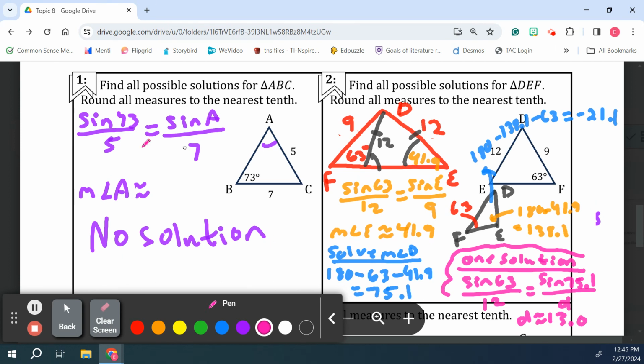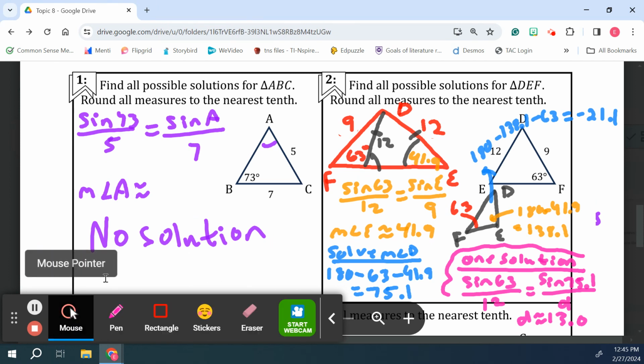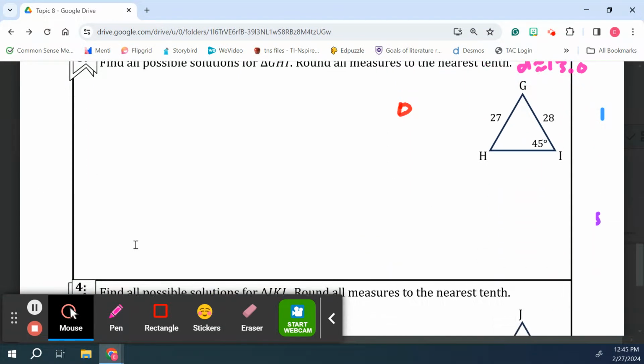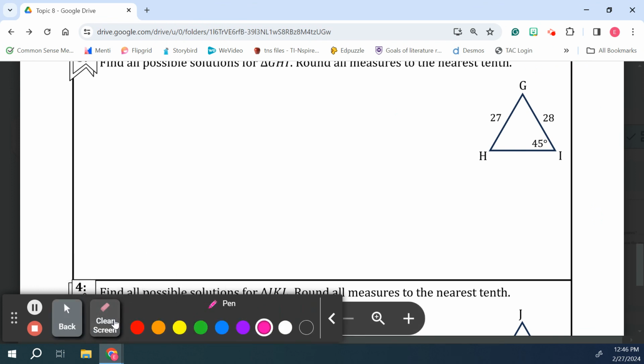All right, let's take a look at two solutions. Find all possible solutions for GHI, round all measures to the nearest tenth. So again, I'm going to rewrite this triangle.